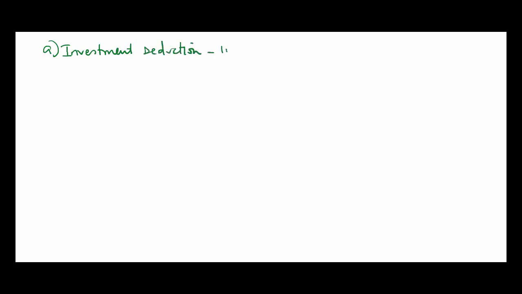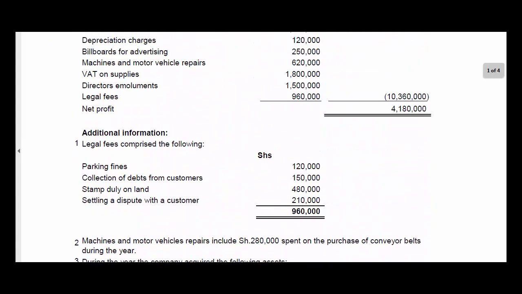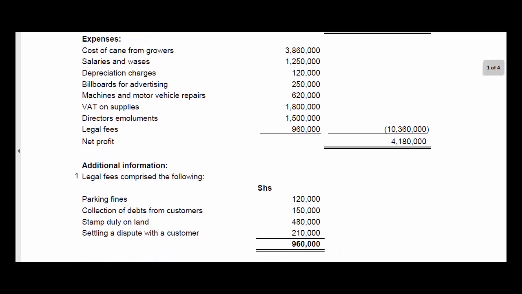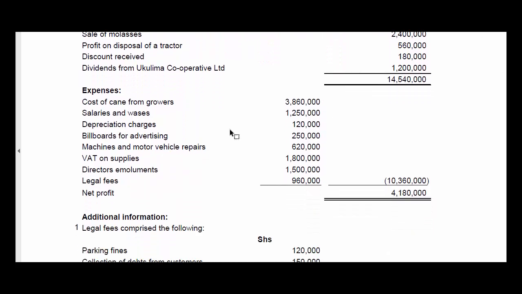Now, investment deduction is always at 100% on the new machinery or any productive capacity related to the manufacturing activity. So what do we have here? Let's check and see. We have the sales there, we have expenses there.